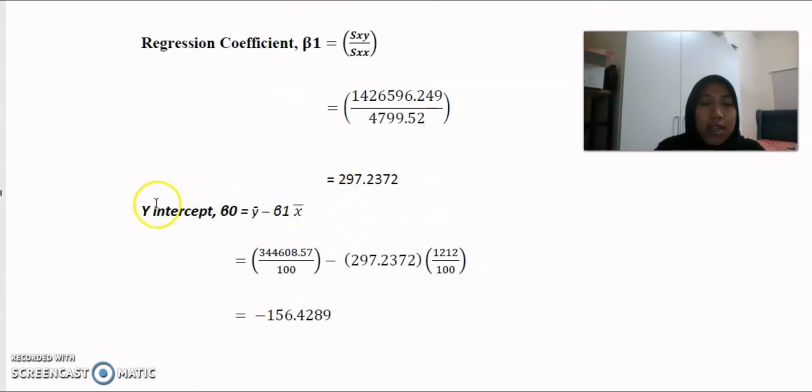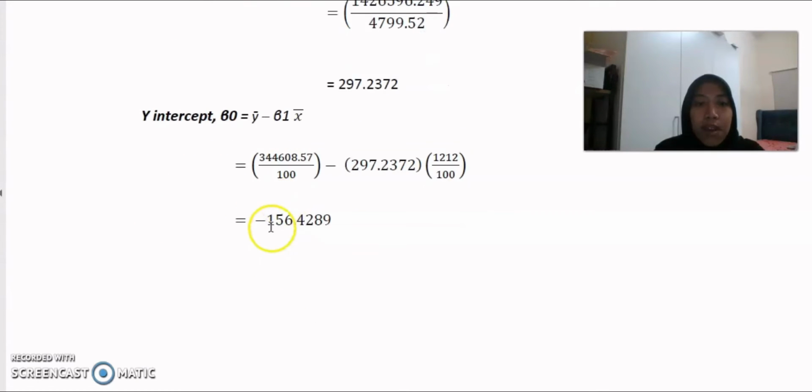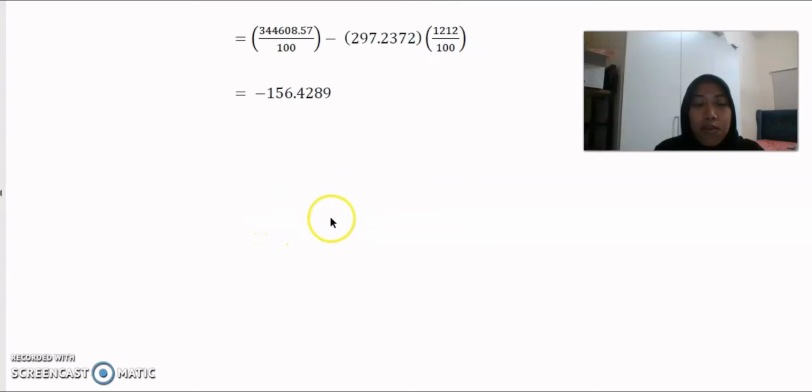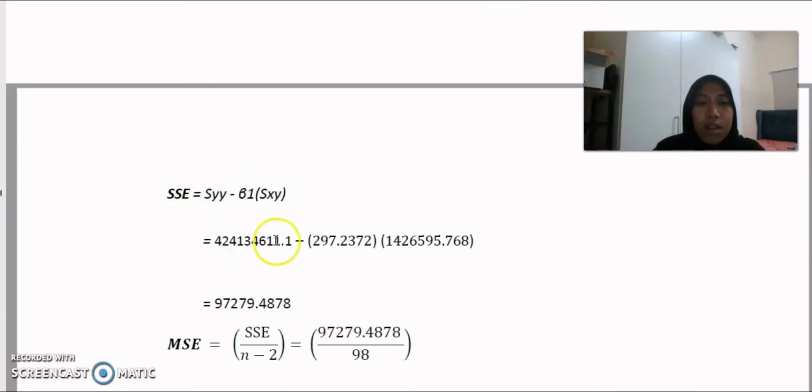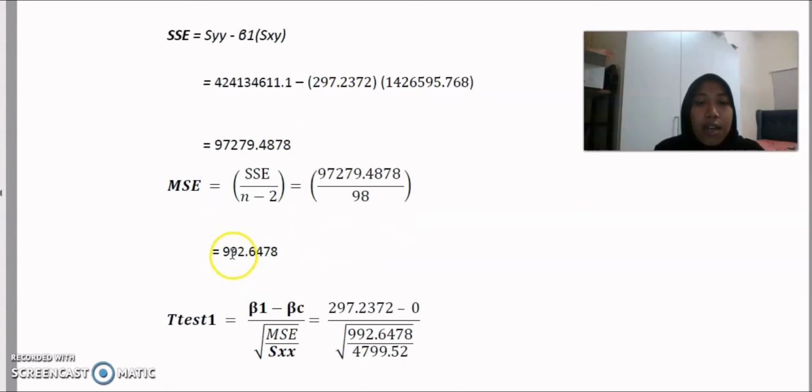Then we find the y-intercept, which is beta 0, using the formula, and we get negative 156.4289. And then we need to find the SSE and MSE, where we get SSE as 97279.4878 and MSE as 992.6478.